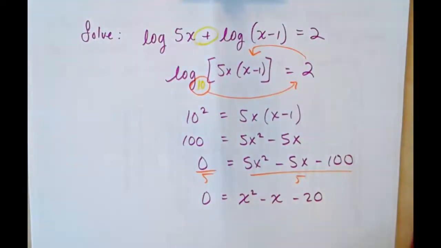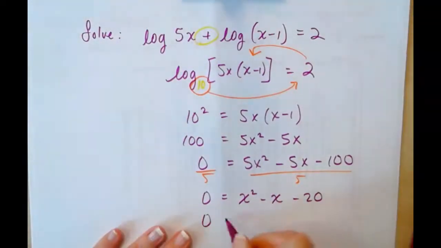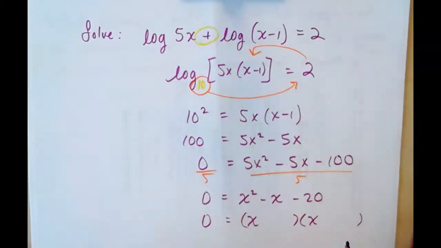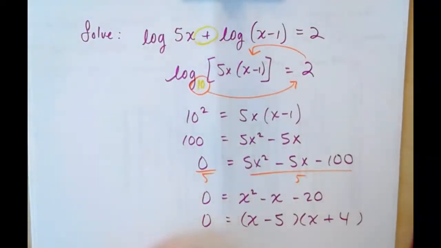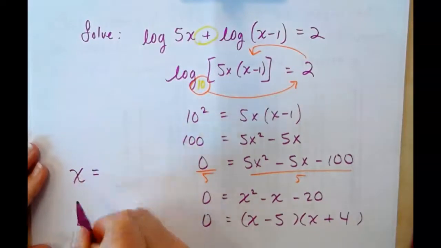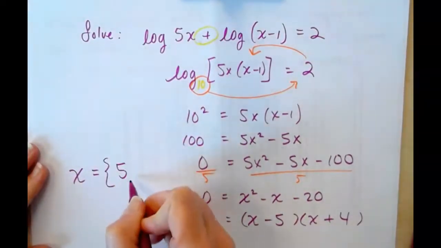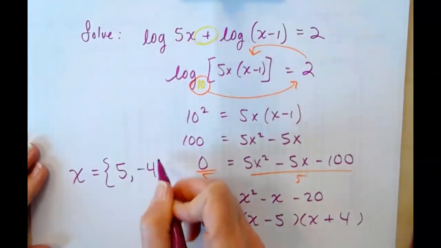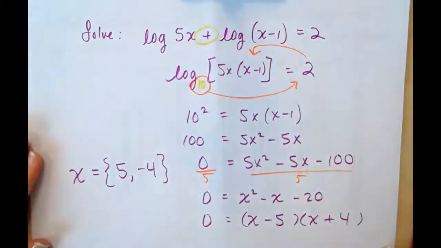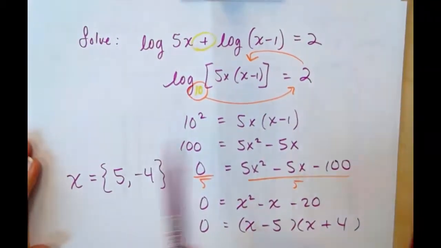What are factors of negative 20 that add up to negative 1, people? There you go. -5 and +4. Good job. So that's giving us answers of 5 and -4. Now, check for extraneous solutions.